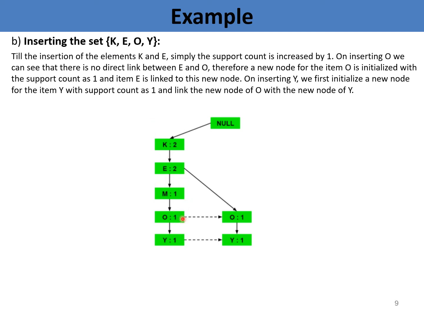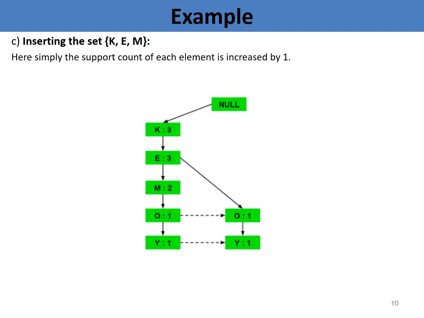Then O is not directly attached with E, so we have to directly attach O with E. So we will make a new node in which we mention O and write its frequency, or support, as 1, and we will associate it with the previous O. In the same way, we will make a new node which is attached with the O and mention its support as 1, and we will associate it with this Y.